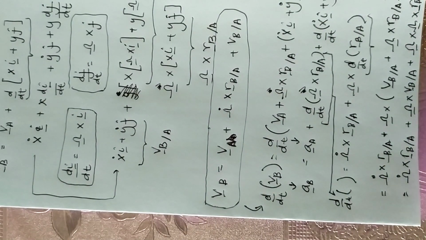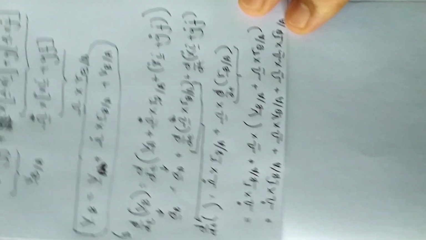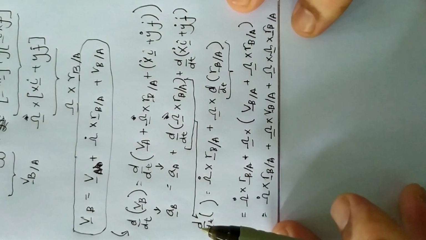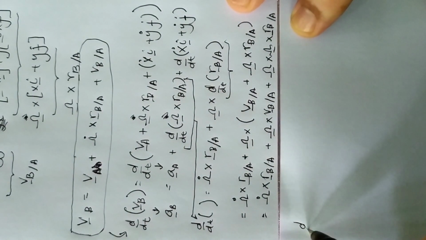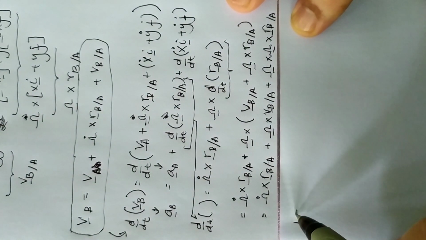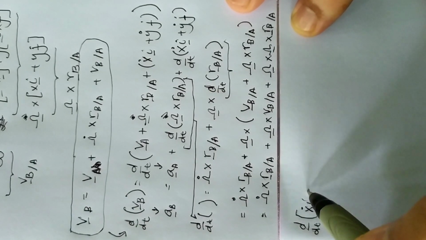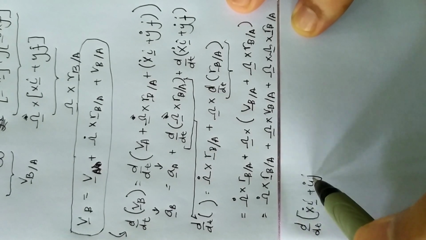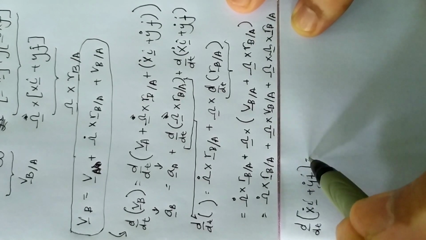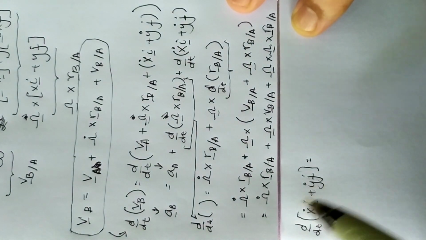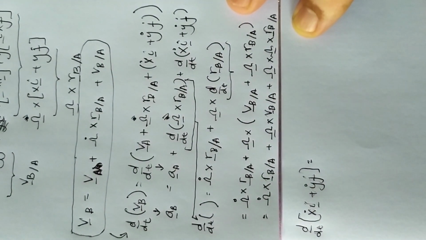So we are now going to continue with the differentiation of d over dt of x dot i plus y dot j. We have four terms here, xi, yj, so we have to use the chain rule and do them in sequence.